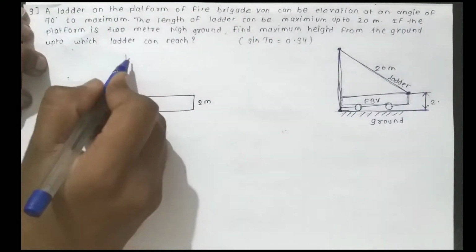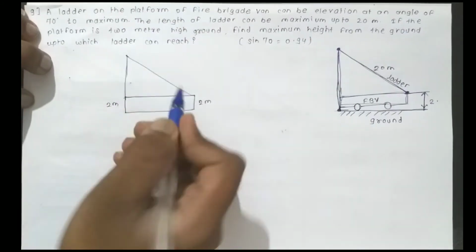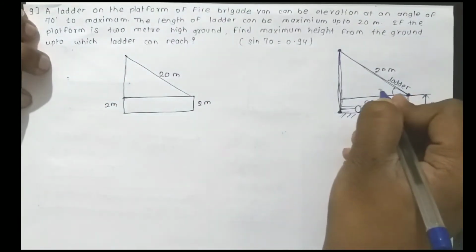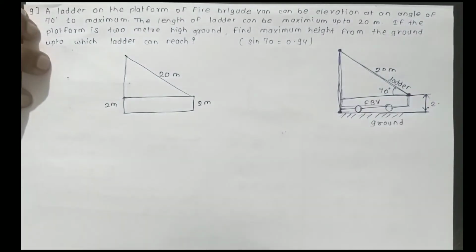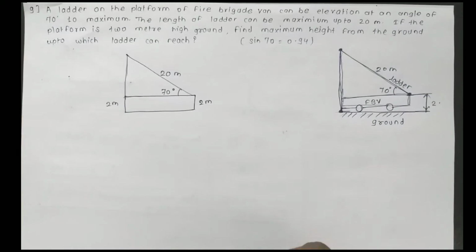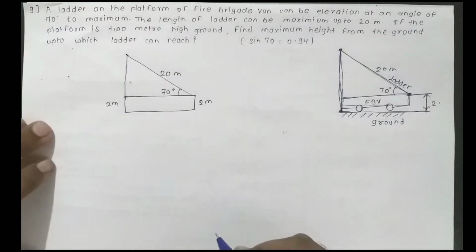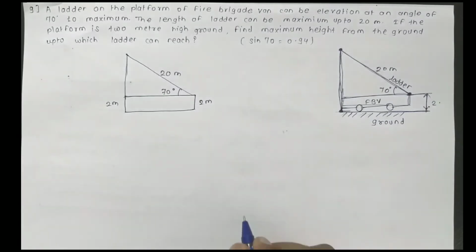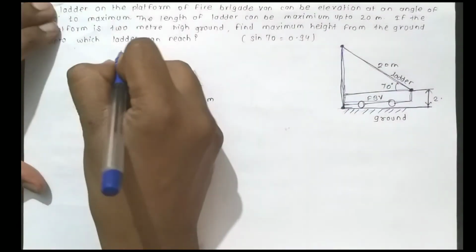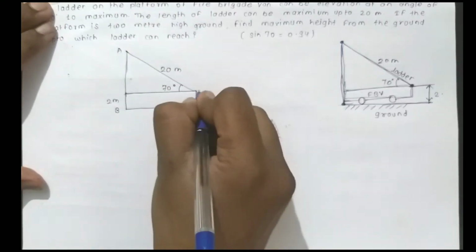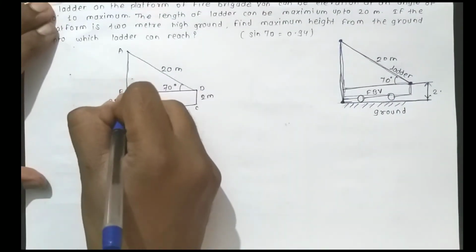Now the ladder is 20 meter and at an angle of 70 degree. Angle of elevation is 70 degree. Name the figure A, B, C, D, E.